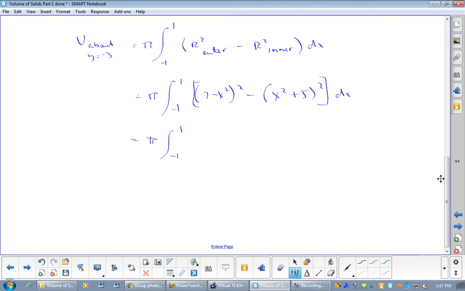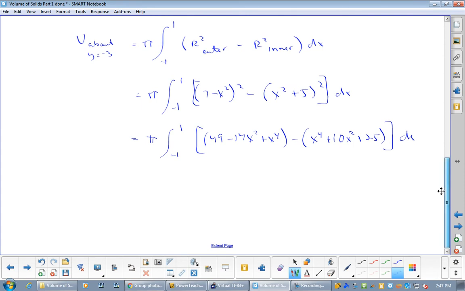Okay, and then to do that, I will get 49 minus 14x squared plus x to the 4, minus x to the 4 plus 10x squared plus 25.